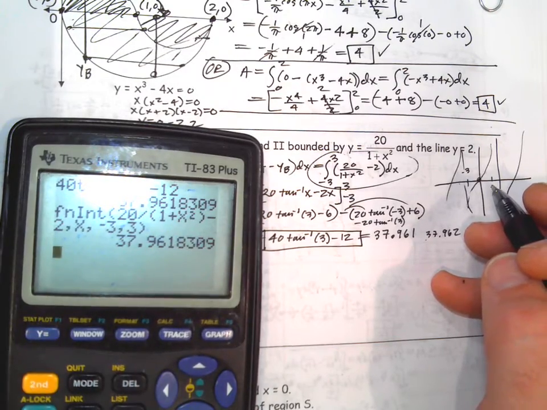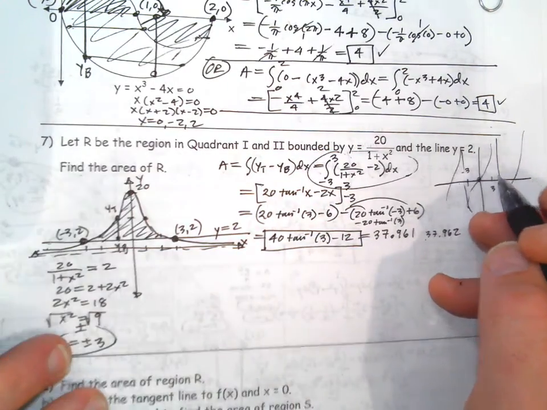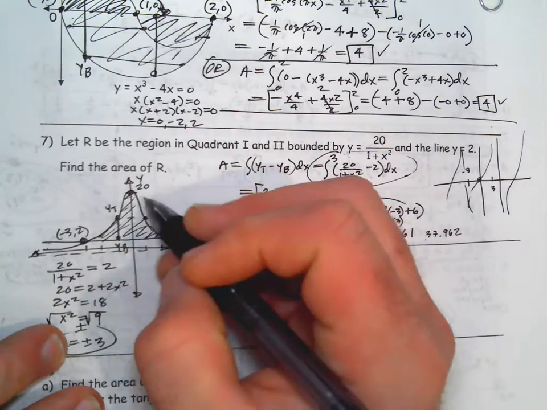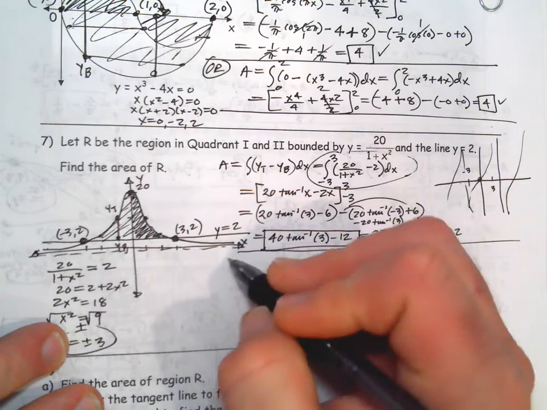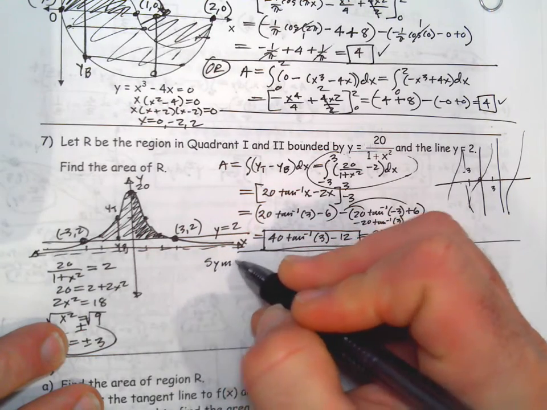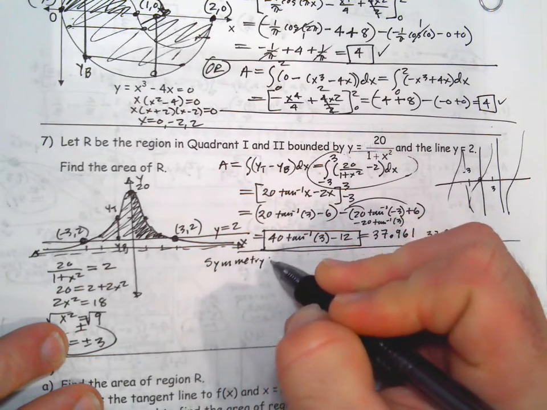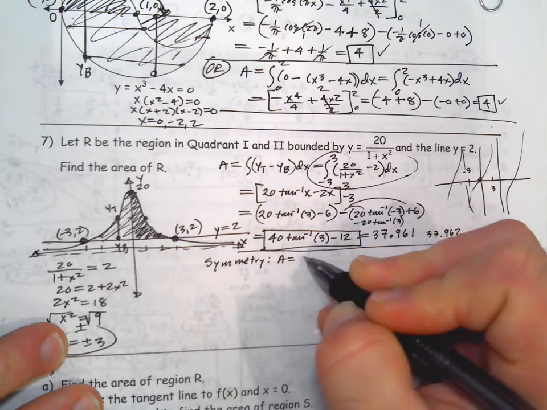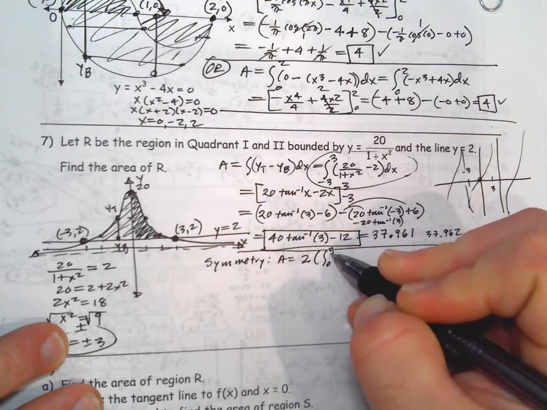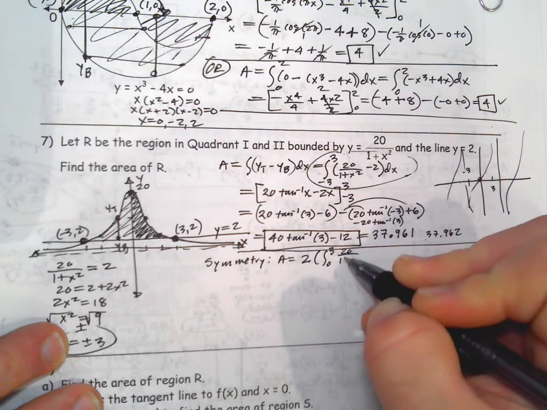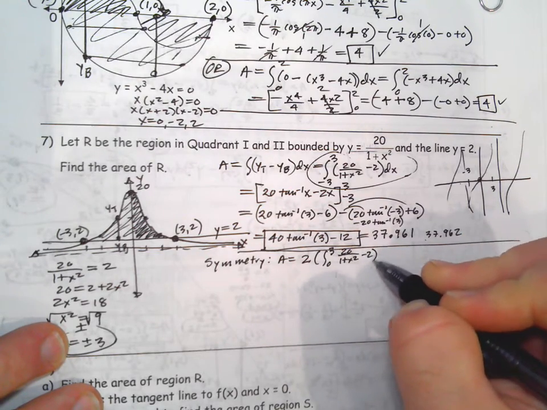Pretty cool. Another idea just to throw out there is that this graph has symmetry on it, right? Isn't the right half the same as the left half? So you could use symmetry instead and say that the area is equal to double the integral from 0 to 3. Right?